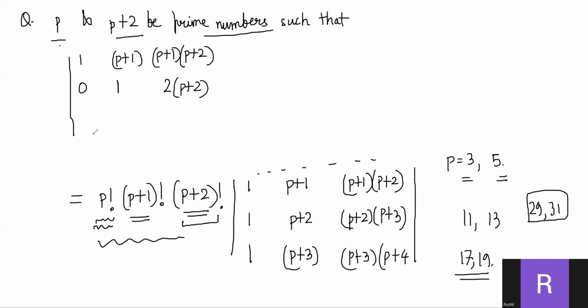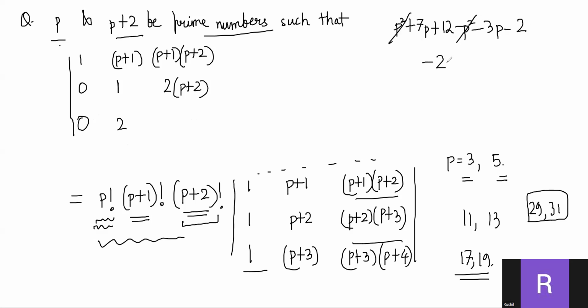Then similarly I will subtract row 1 from row 3: P plus 3 minus P plus 1, so 2. Then I will have this minus this. So we can simply calculate it: P square plus 7P plus 12 minus P square minus 3P minus 2, minus 2P. Actually, I am subtracting this minus this. Okay, so 4P plus 10 is coming.